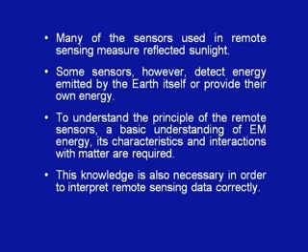Some sensors, however, detect energy emitted by the earth itself or provide their own energy. To understand the principle of remote sensing, a basic understanding of EM energy, its characteristics and interaction with matter are required. This knowledge is also necessary in order to interpret remote sensing data correctly.